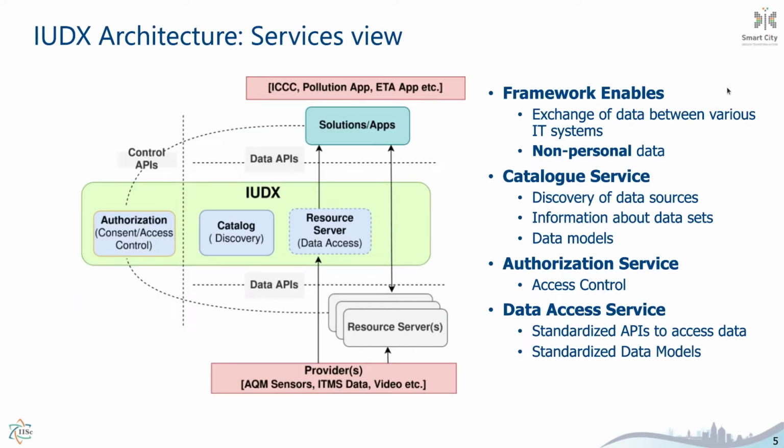So here is the services view of IUDX. It consists of three main services: catalog service, which deals with discovery of data sources and provides additional information about data sources. It also provides the data models for the data available for that resource. Authorization service, which deals with the access control. That is, it allows providers to set access control policies and the consumers to get tokens against those policies to access a given resource.